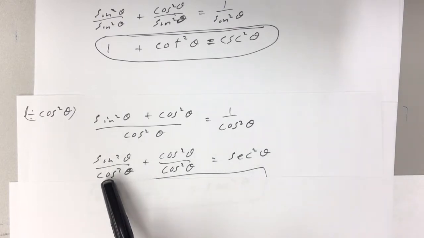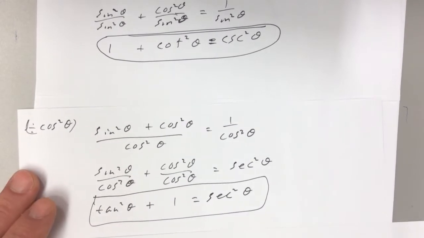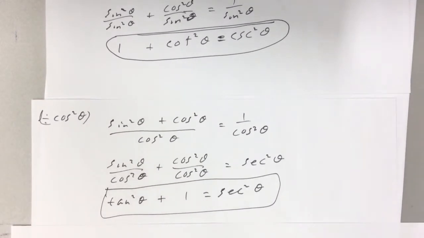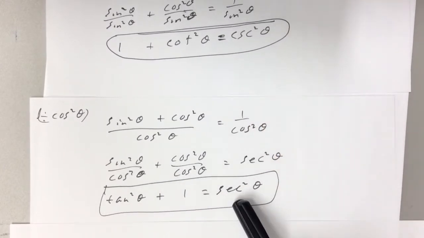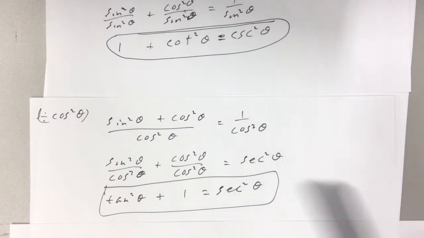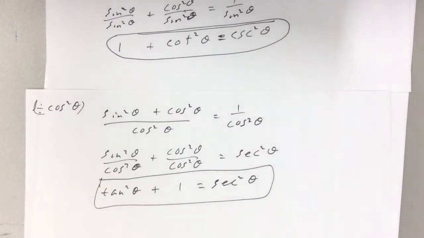So sine over cos is tan. This is obviously 1. And now we've got this as another Pythagorean identity. So we've got a cotan squared one with a cosecant, and a tan squared with a secant squared. Okay? So those are two more identities that we can use in our bigger proofs.